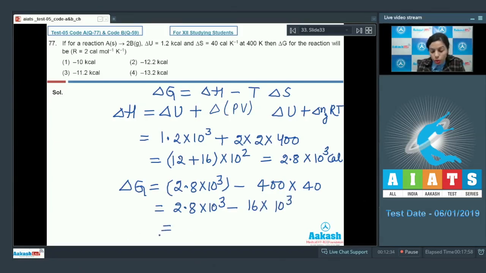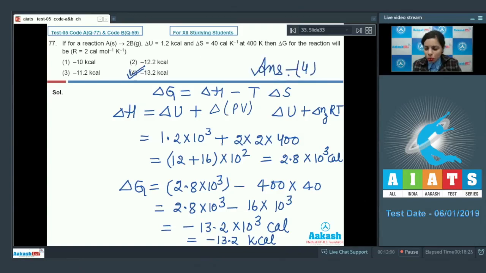This value is equal to minus 13.2 into 10 raised to the power 3 calorie, or in terms of kilocalorie it would become minus 13.2 kilocalorie. Where this answer is given, this is given in option 4, and let's choose it as the correct option.